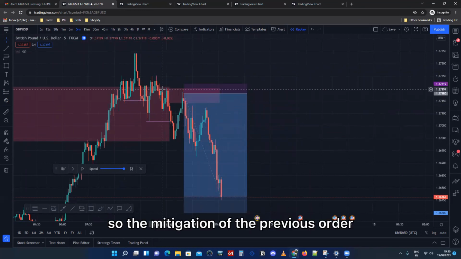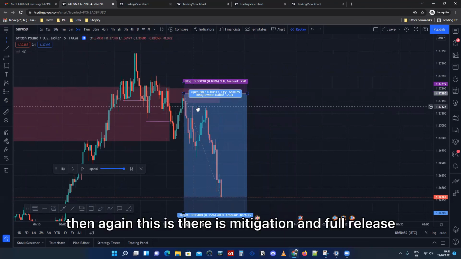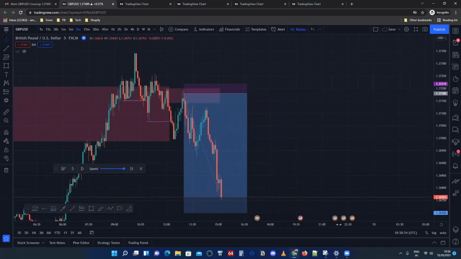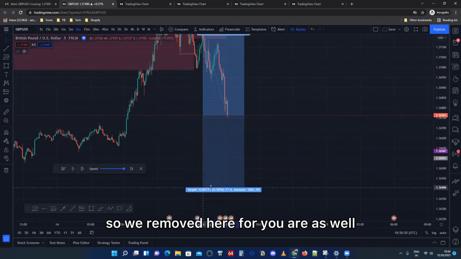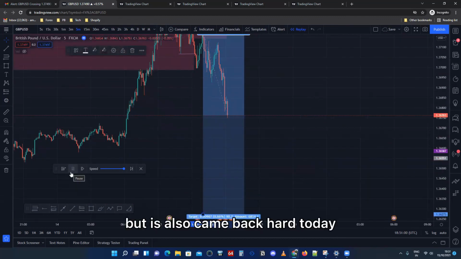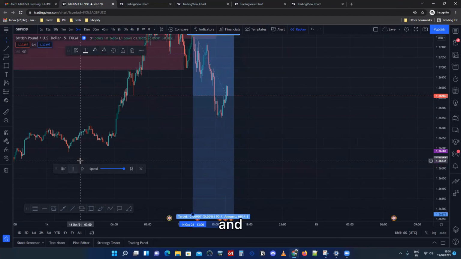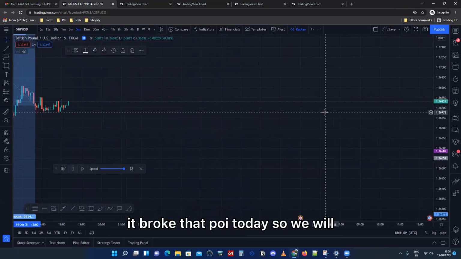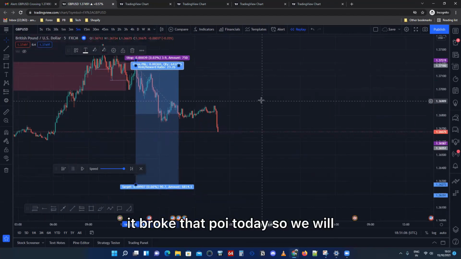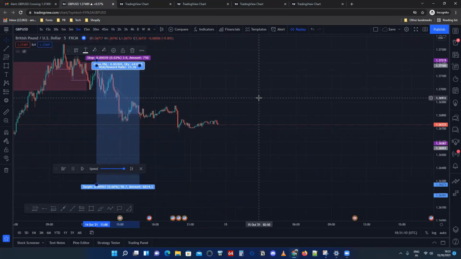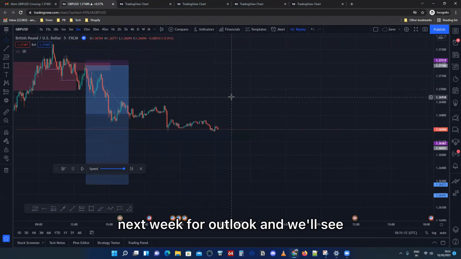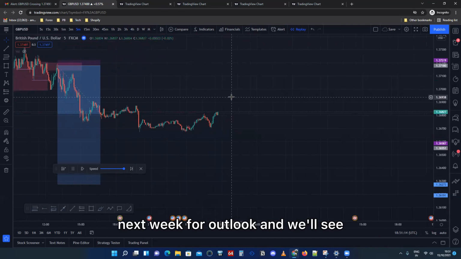The mitigation of the previous order, then again mitigation and full release. We removed here at 5 hour as well, but it also came back hard today and broke that POI. So we will re-evaluate the POI next week in the outlook and we'll see.